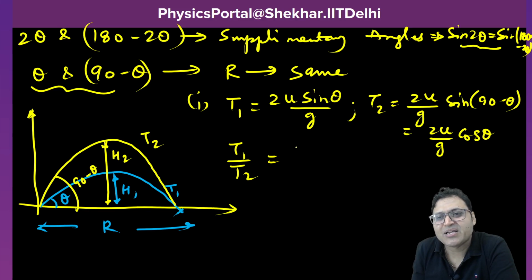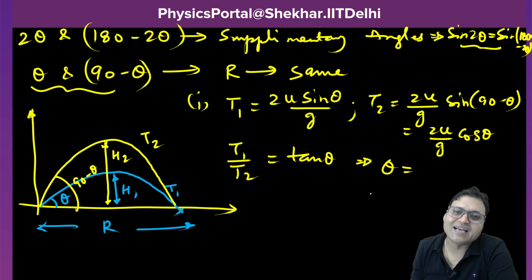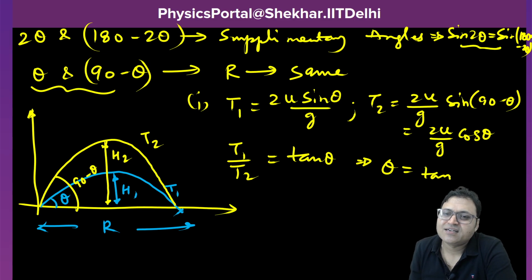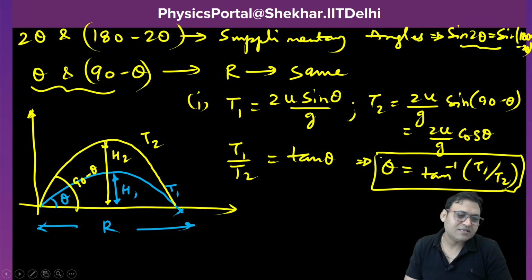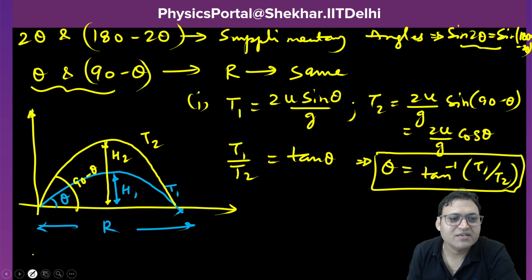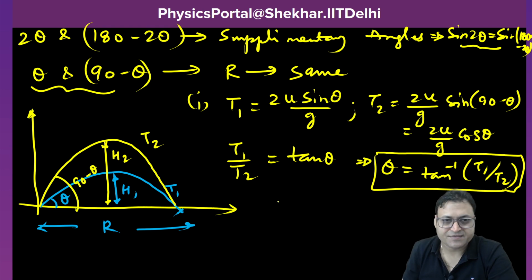It will be sin theta by cos theta, that is tan theta. So we can find angle theta, that is tan inverse of T1 by T2. If we know the time of flight for both the angles having the same range, then we can find the angle of projection theta and 90 minus theta.